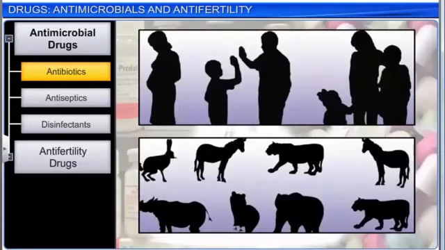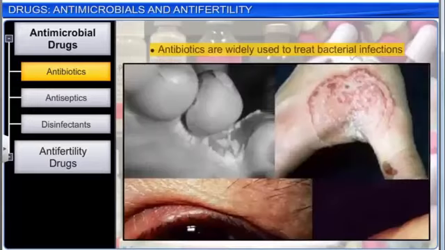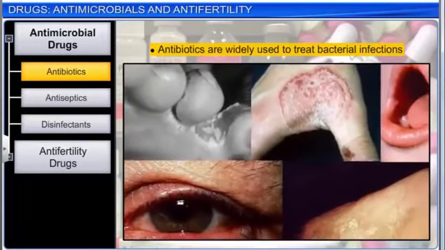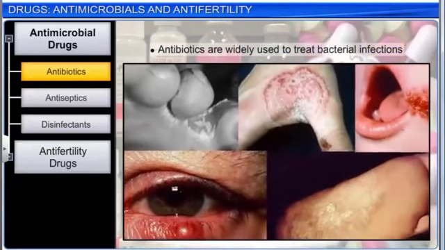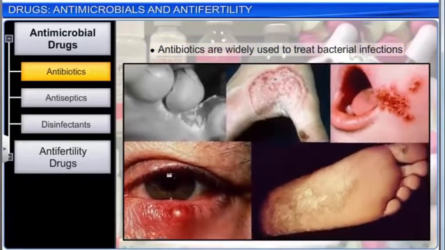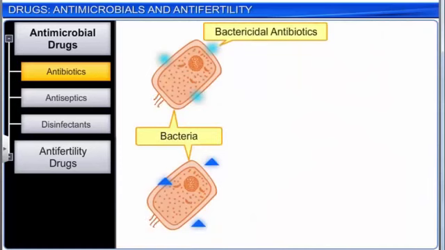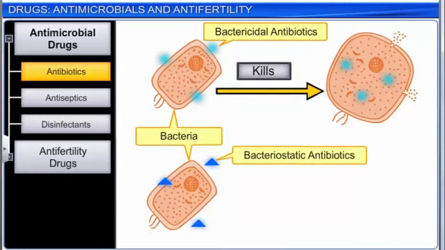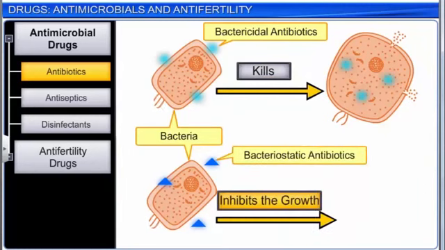Owing to their low toxic effect on humans and animals, antibiotics are widely used to treat bacterial infections. Bactericidal antibiotics kill bacteria, while bacteriostatic antibiotics inhibit the growth of bacteria.